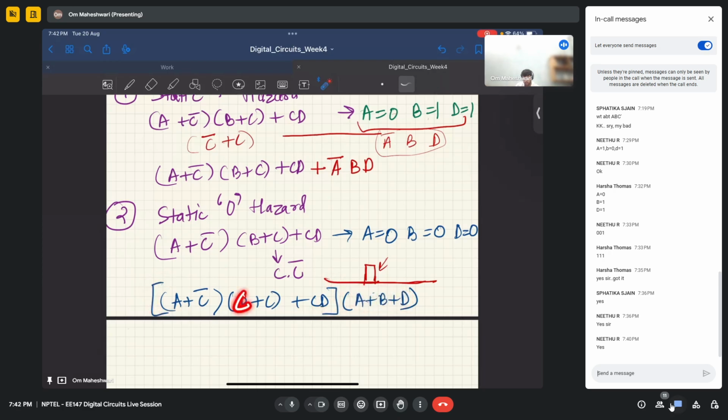This will reduce to C C bar, and the C C bar into 0 will give you 0. So we will have a constant 0. We'll avoid this, right? So this is what you need to multiply to remove the static 0 hazard. Is this clear?